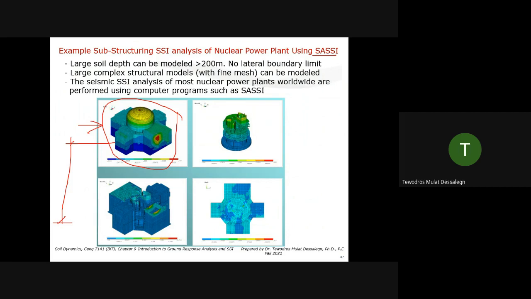This is thousands of finite elements and nodes. It's complex. So in SSI, depending on the computer you have, high computing power computers can solve it maybe. It can take a few days.